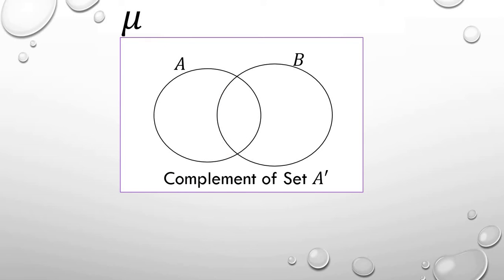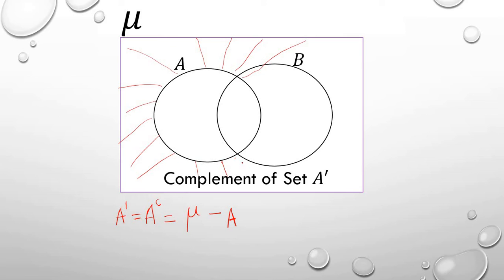Now we talk about A complement. A complement is simply what is in the universal set that is not in A. So it's everything outside A. Every element outside A is in A complement.